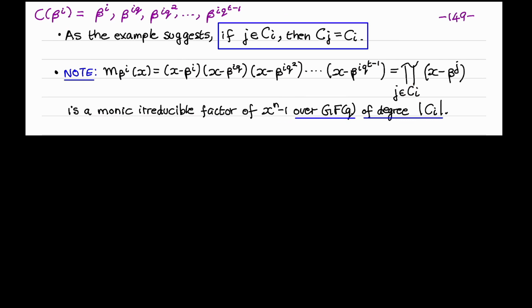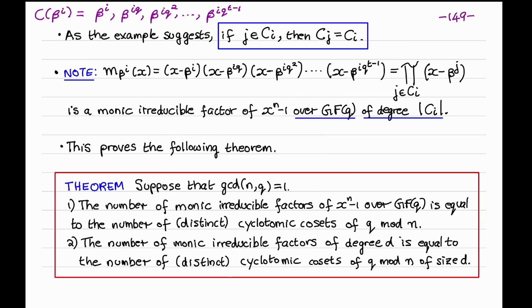Recall also that the distinct cyclotomic cosets of q modulo n partition the numbers between 0 and n minus 1. And so, as C_i ranges over all distinct cyclotomic cosets of q modulo n, the minimal polynomials of beta to the i range over all monic irreducible factors of x to the n minus 1 over GF(q). This establishes the main theorem of this lecture. Suppose that n and q are coprime.